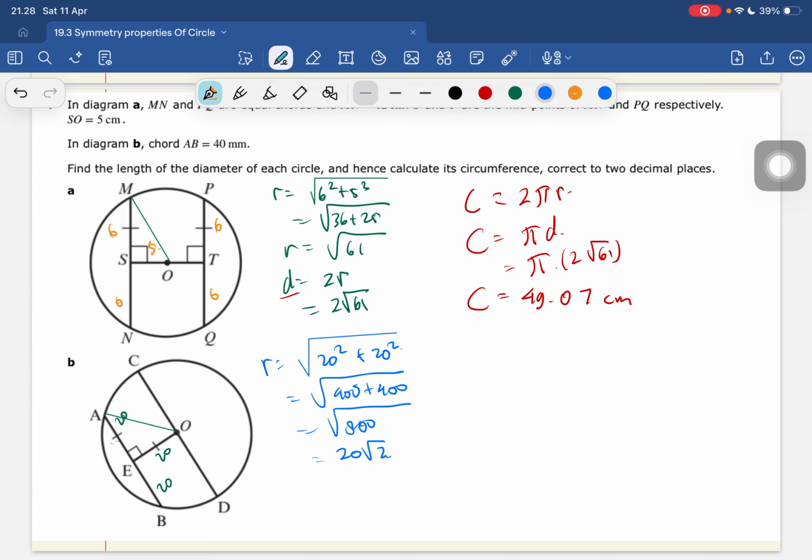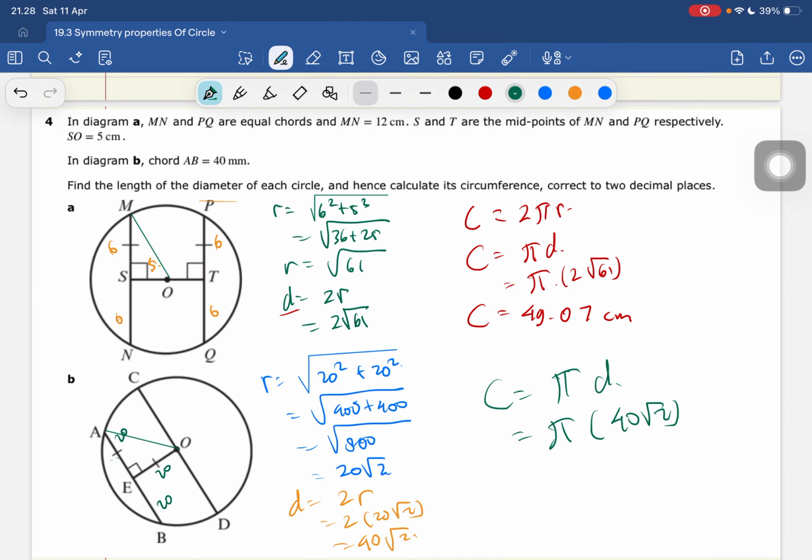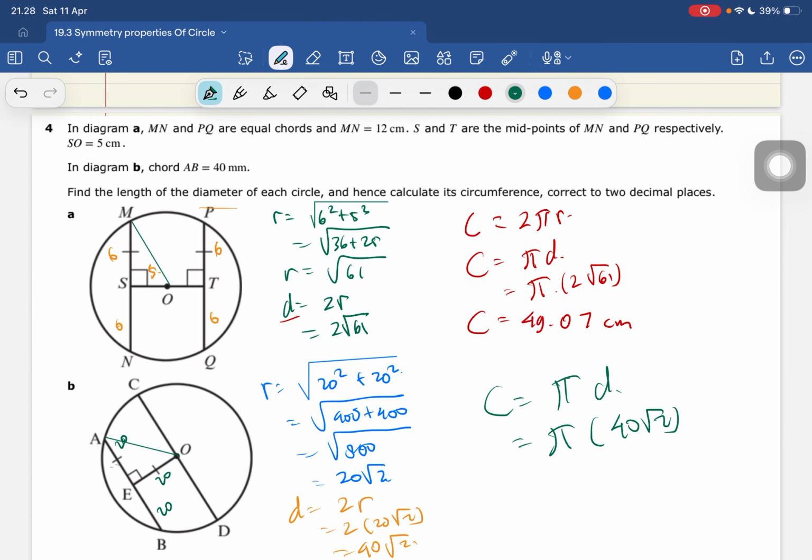Find the length. So not the length, the diameter first. The d is going to be double the radius. So 2 times 20 times the square root of 2, so it's 40 square root of 2. Next, to find the circumference, just use pi times d. So pi multiplied by 40 square root of 2. You need a calculator.